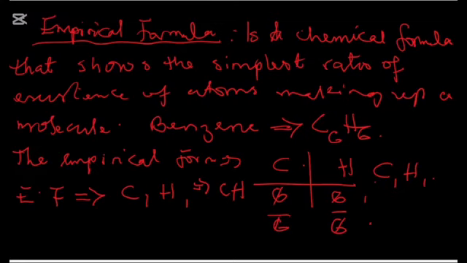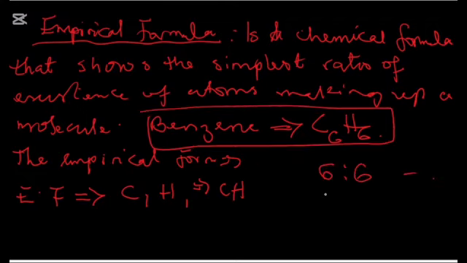Now, since they exist in ratio 6:6, it implies that they can divide one another, which is equivalent to 6/6, which is 1:1.